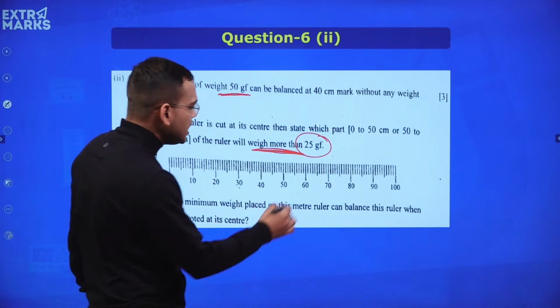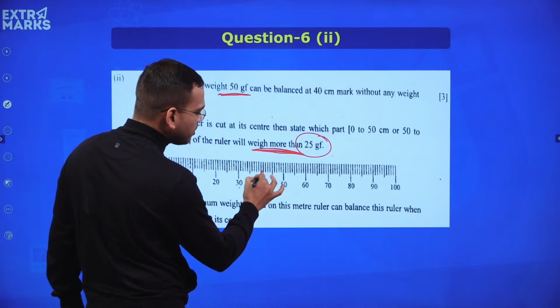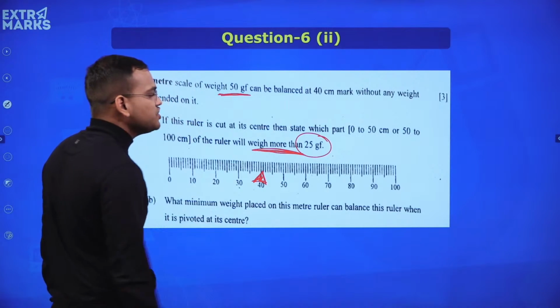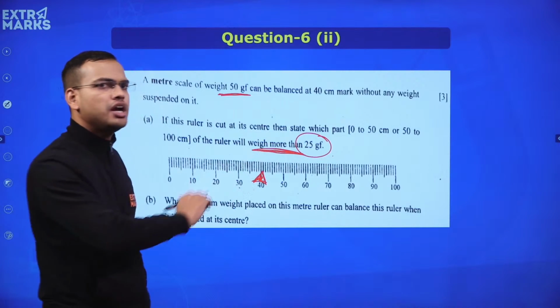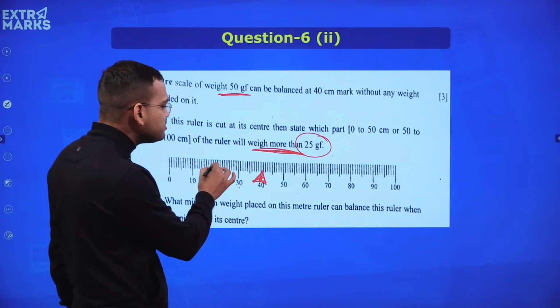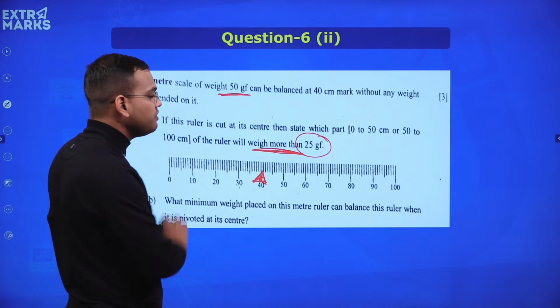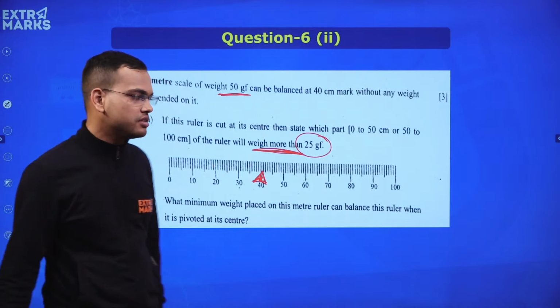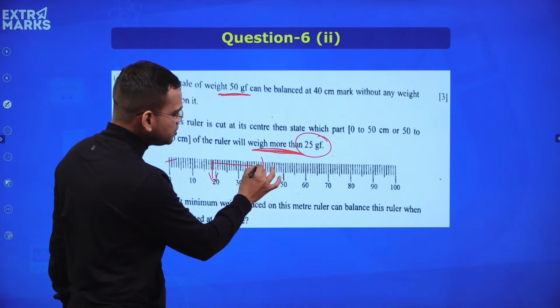So understand, if this is a ruler and it is balanced at the 40 centimeter mark without any weight suspended on it, why is it balanced? It must be because on one side the weight will be more, on the other side less. Here, if the weight is acting on this part, then the distance will be less.